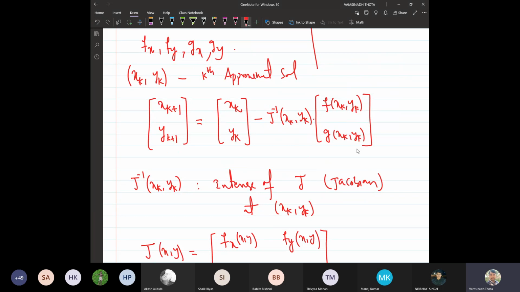We need to use the second order Taylor series expansion for the functions f and g. With the help of the Taylor expansion, we will get this iteration.